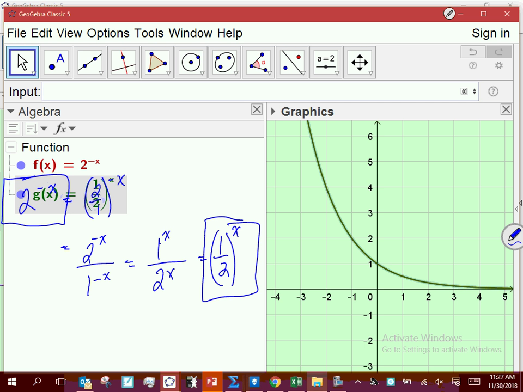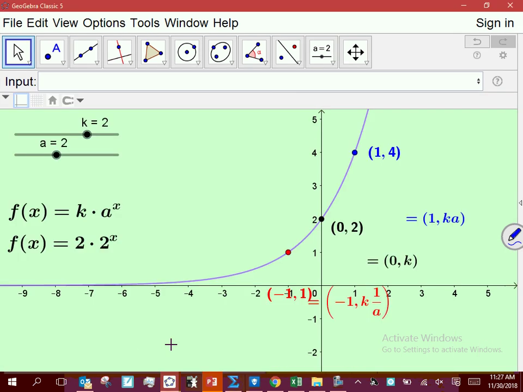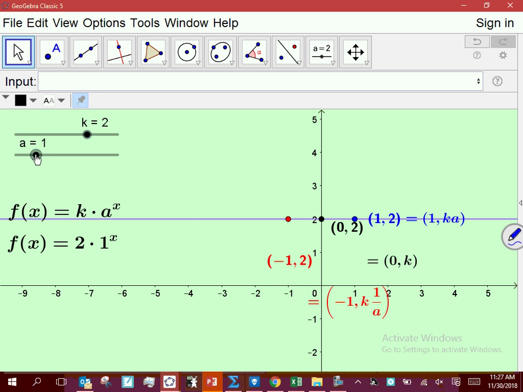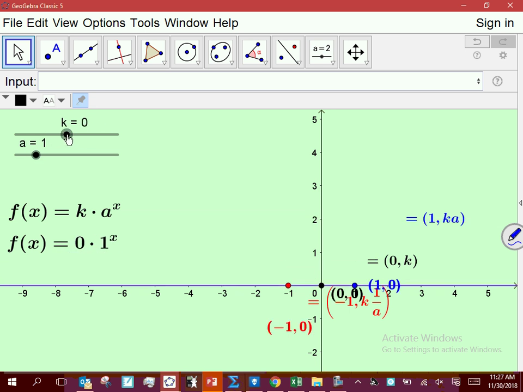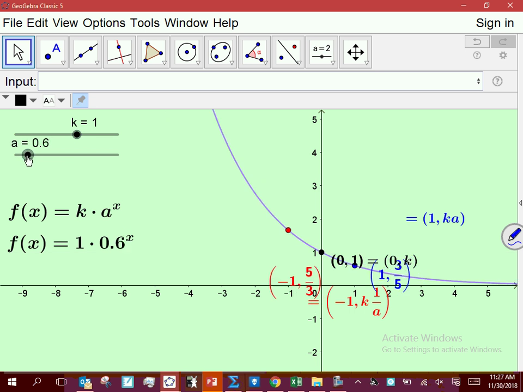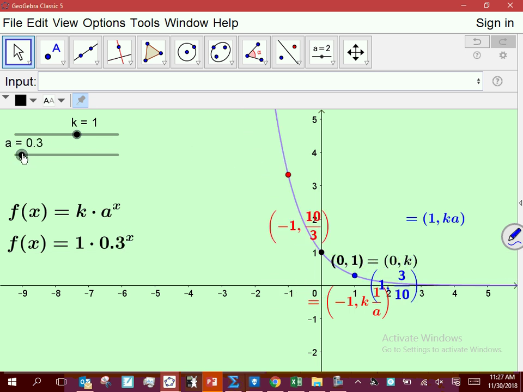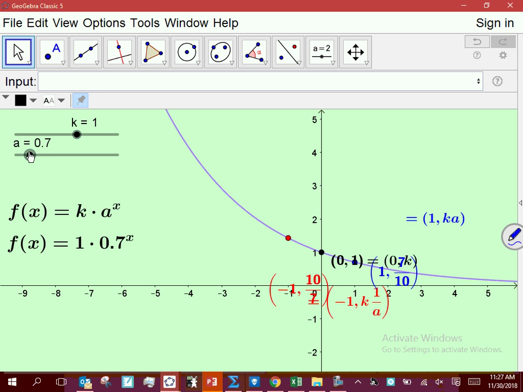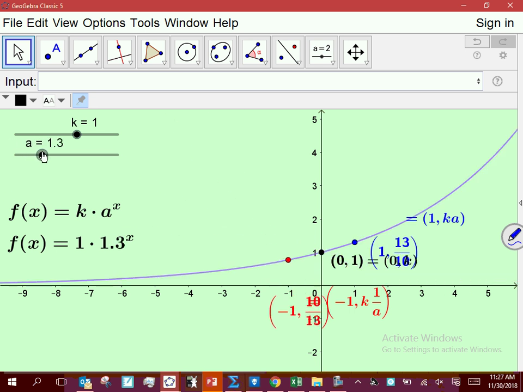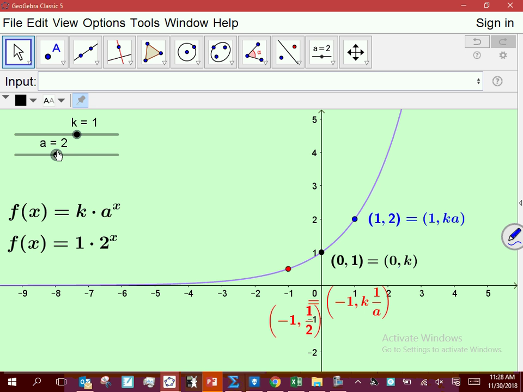And I didn't show you that here, but when we change our a value, obviously when our a value is 1, it's kind of boring. Kick k back to 1. But a is between 0 and 1. Okay, do you see how it changes? The function becomes now always decreasing. Okay. When a is bigger than 1, it's always increasing, right?